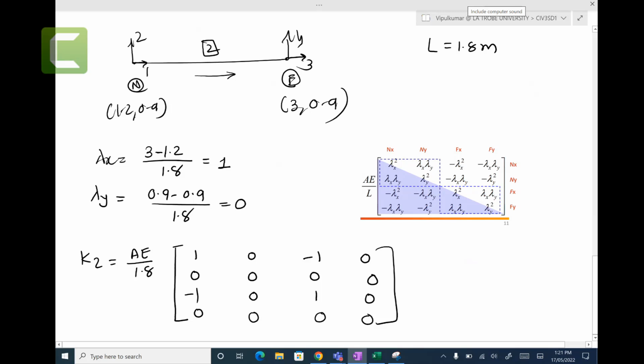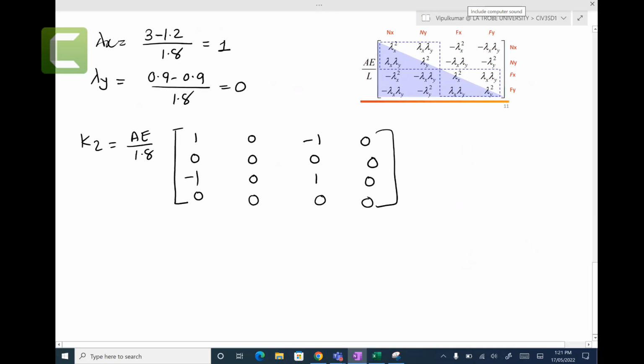Make sure that this row is 1 0 minus 1 0, same here 0 0 0, this one same.